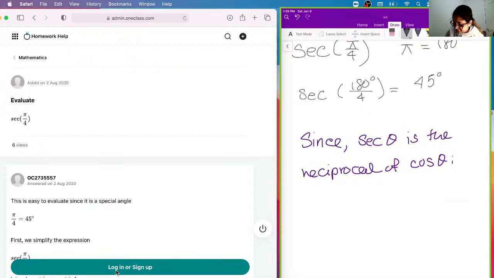So you have secant of 45 degrees is equal to 1 over cos of 45.